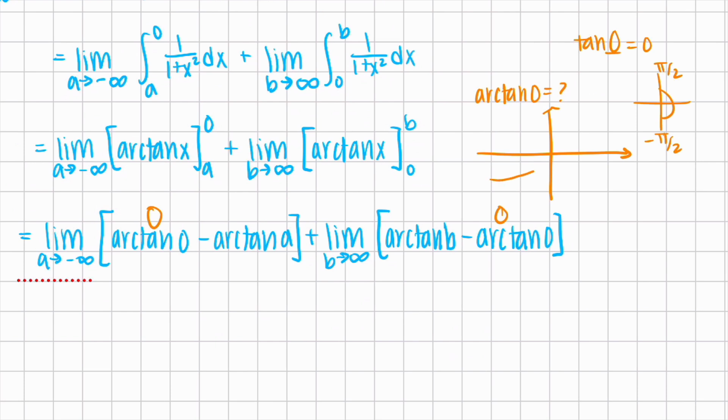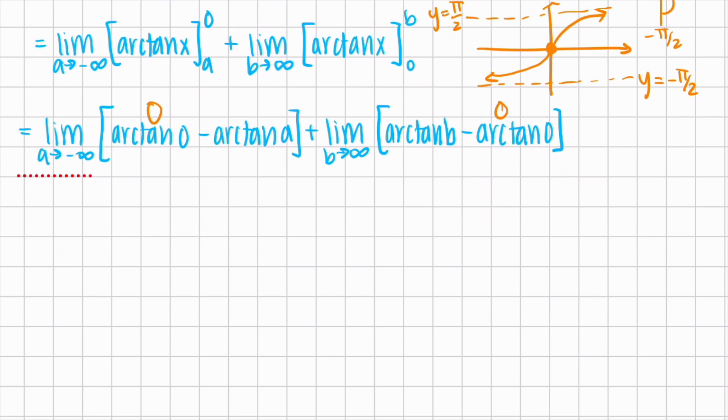Arctangent looks like this, and we have horizontal asymptotes, y equals negative pi over 2, and I'll write it over here, y equals pi over 2. So if this is my arctangent graph, arctangent of 0 is 0. So a couple ways to think about it, but this makes it a little bit easier for us.